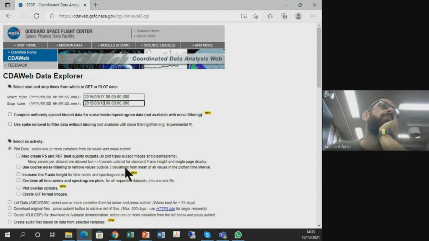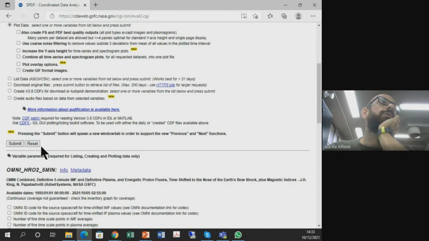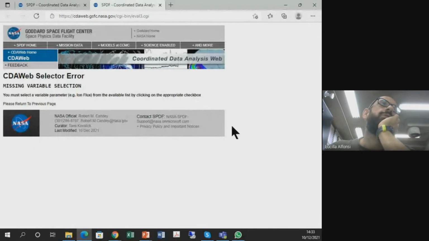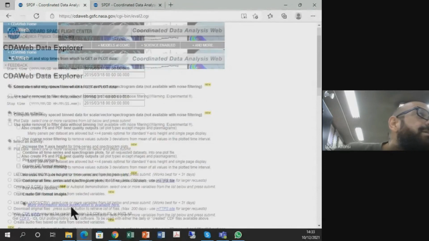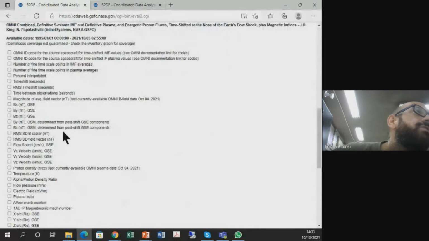So now we want to have a look at the plot. Let's submit the request. You can have a look at the metadata. You're right, we have to select first of all the variables we want to retrieve.